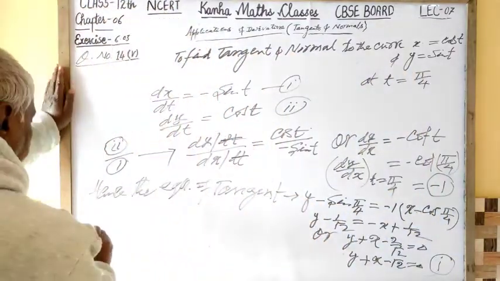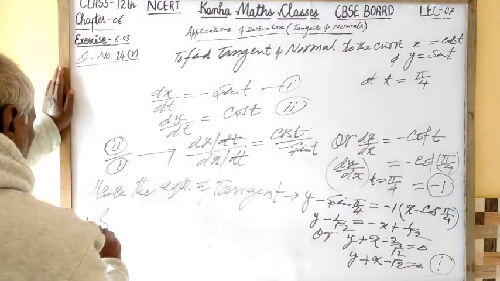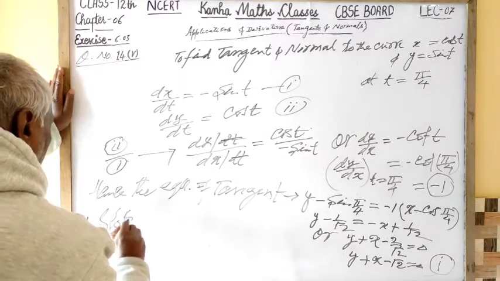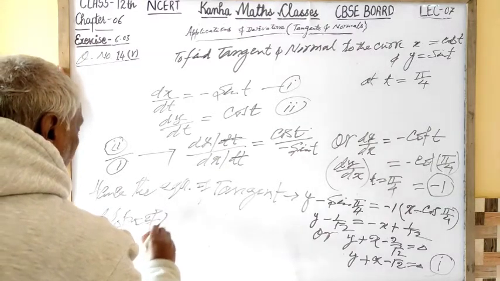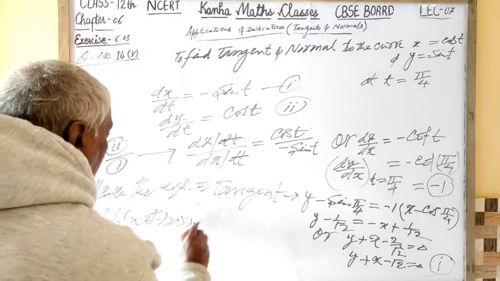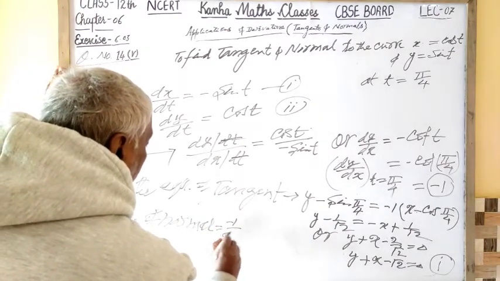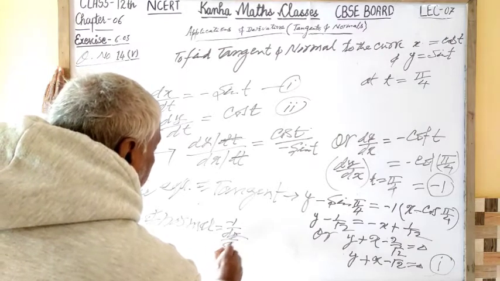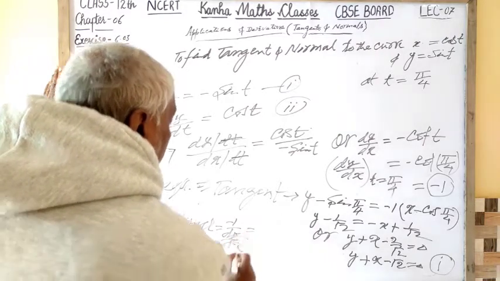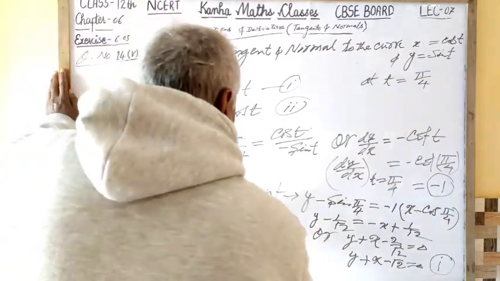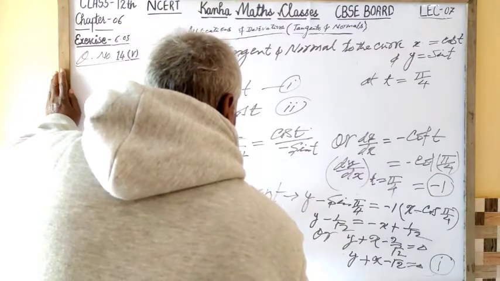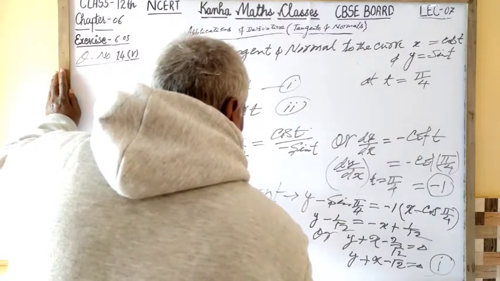And the slope of normal is equal to minus 1 upon dy by dx, that is minus 1 upon minus 1, that is plus 1.